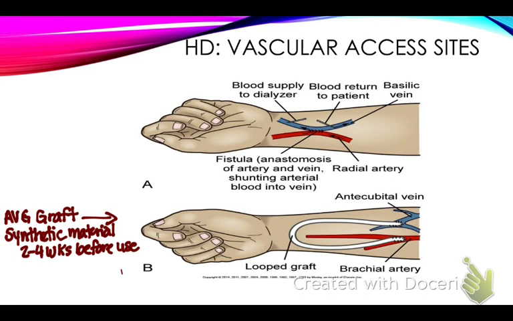So those are surgically implanted, or it's a surgical procedure where they anastomose the artery, usually brachial, and a vein, usually antecubital, so that they can get this arterial venous pull that they need. And then remember, the blood goes back into the venous side, and they pull from the arterial side.